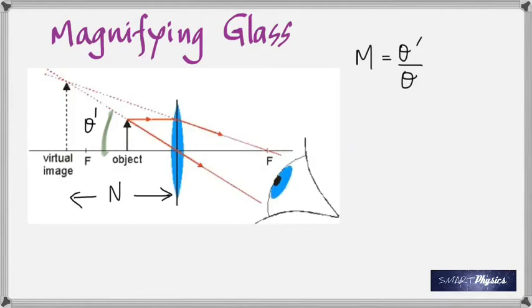Or you could do one thing. Shift the object and put it in the position of the image. That make sense? You have to either shift the object to the position of the image or the image to the position of the object. It's just a ratio. So in this case, which one did I shift? I shifted the object, put it in the position of the image.